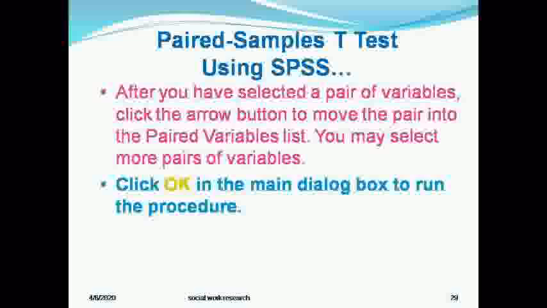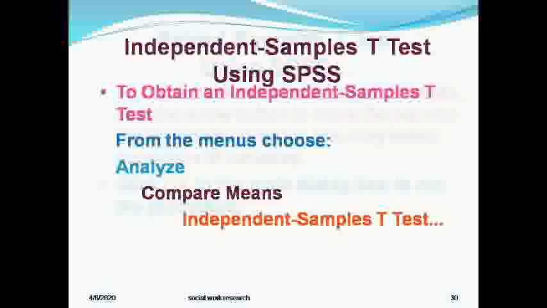You may select more pairs of variables. Click OK in the main dialog box to run the procedure. Now independent sample test. Again from the menus choose Analyze, choose Compare Means, choose independent samples t-test, which I have shown you.